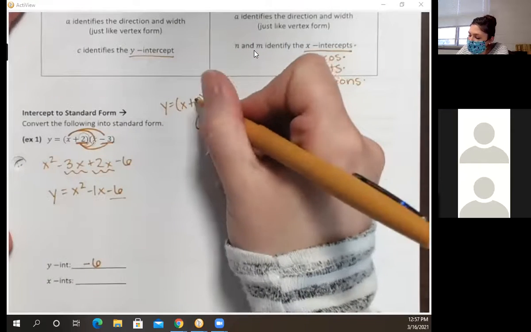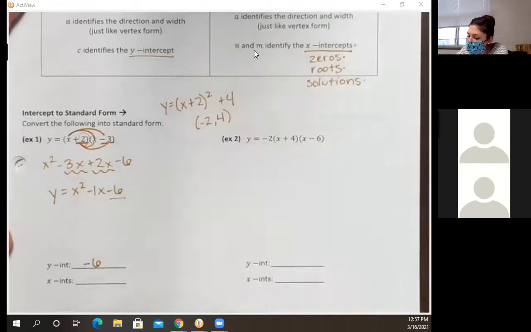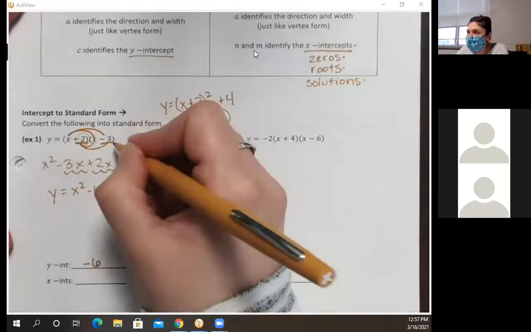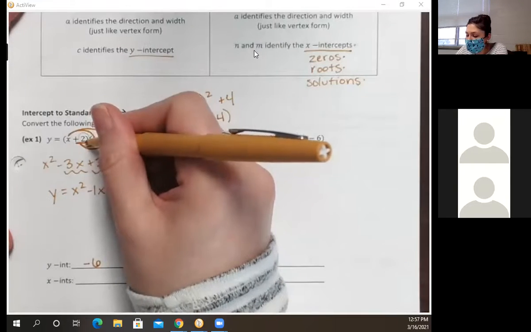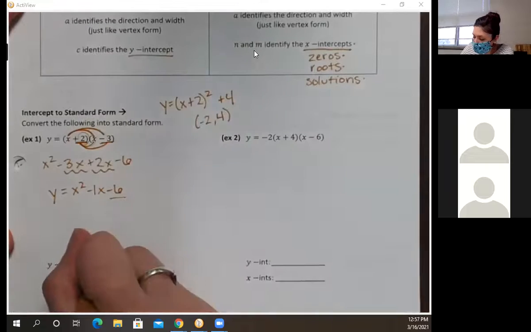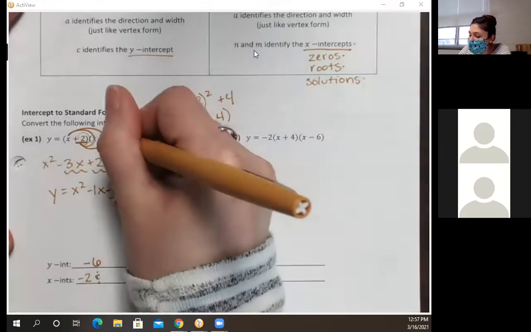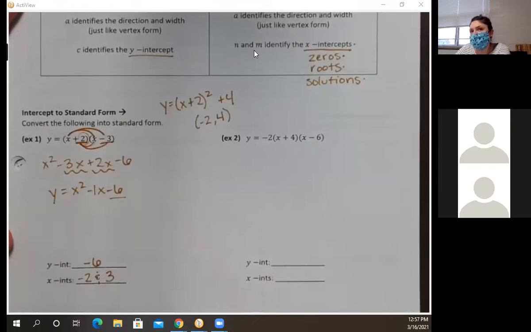We change the sign on the value in parentheses with x. The same thing happens when we pull our x-intercepts out of factored form. So my x-intercepts would be negative 2 and positive 3. Questions for me on that first example?